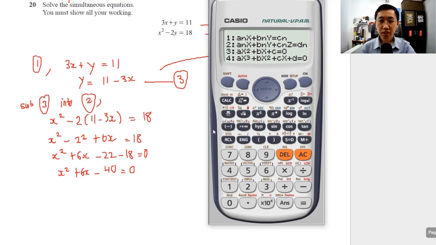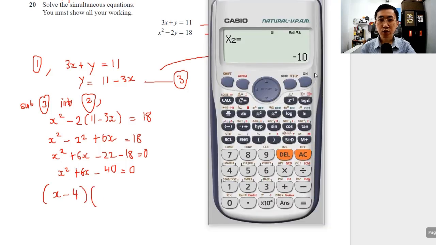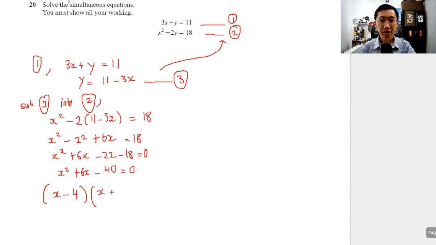Can you see? That is for quadratic. Let's key in. A is 1, B is 6, C is minus 40. And press equal one more time. So we get x is positive 4. So I want you to purposely write minus 4. The other one, x is going to be minus 10. So you purposely write plus 10. Equals to 0, because that's the technique I'll show you later.